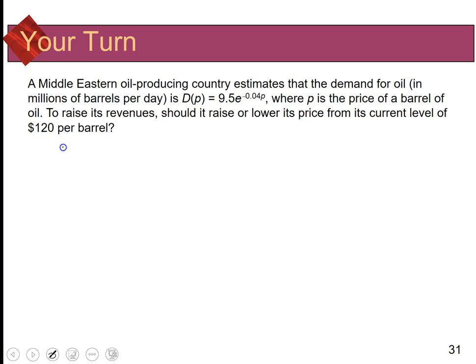Let me give you a moment to come up with your calculations, but I am going to ask you this question in 3 phases. The first question I'm going to ask is: what is the elasticity of demand at $120 per barrel?